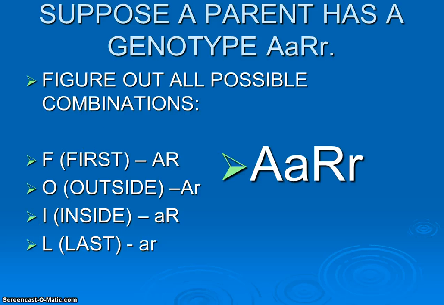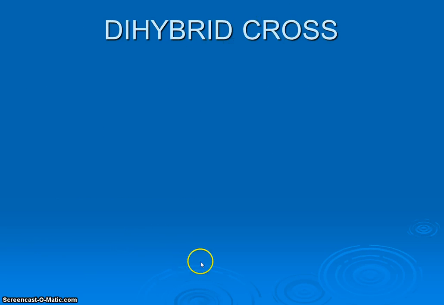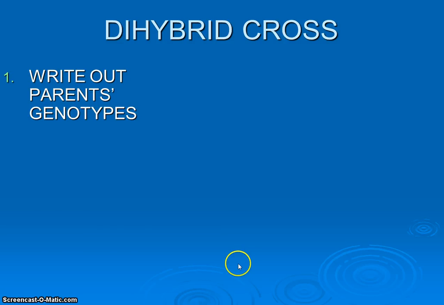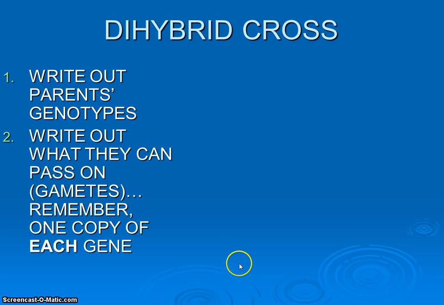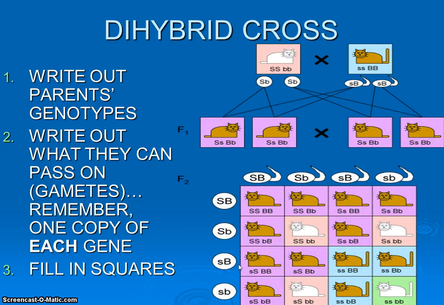All right, well, so what? So now how do we do it? Pretty simple. Write out the parents' genotypes, write out what they pass on, one copy of each gene, and we fill in the squares. Woo! Now here's an example back with cats again. If you notice, look at these two parents that we are mating here. This guy crossed with this guy.